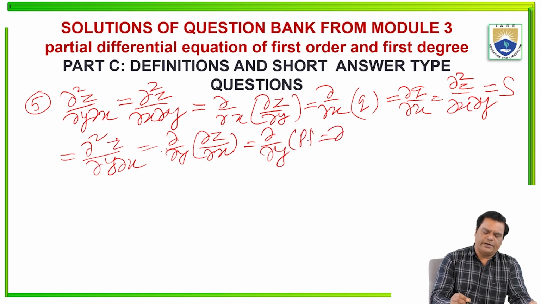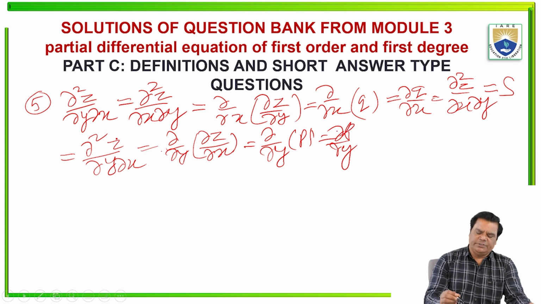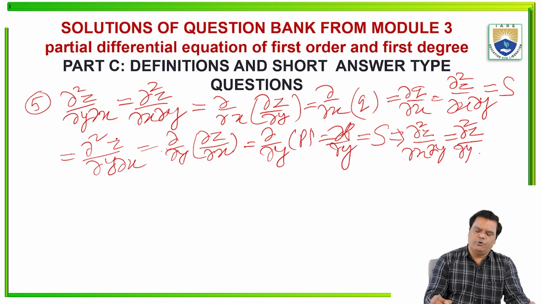So ∂/∂y of p gives ∂p/∂y. Okay, this is also s. Or we can write ∂²z/∂x∂y equal to ∂²z/∂y∂x, and this equals capital S. Okay.